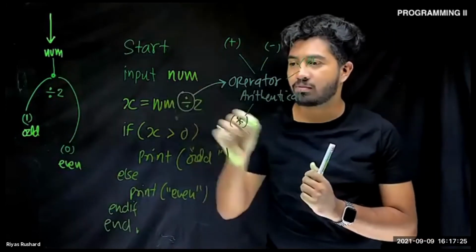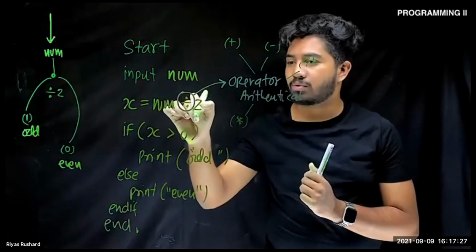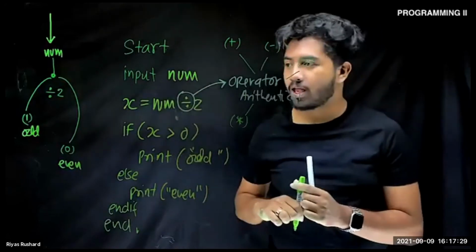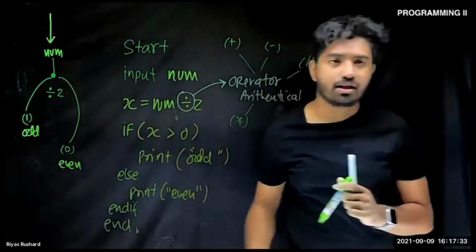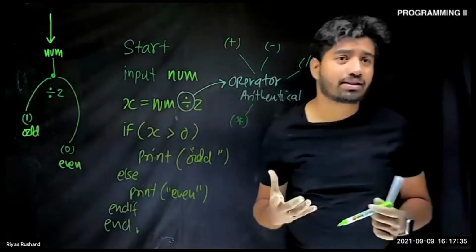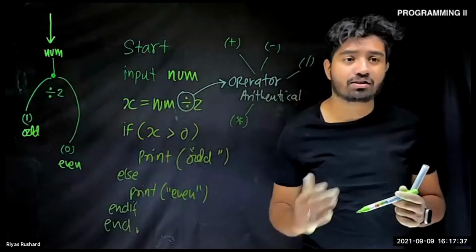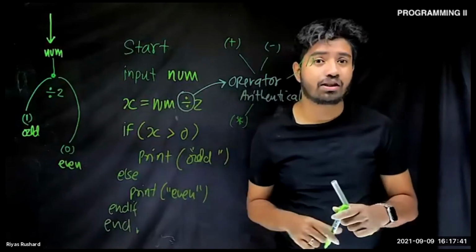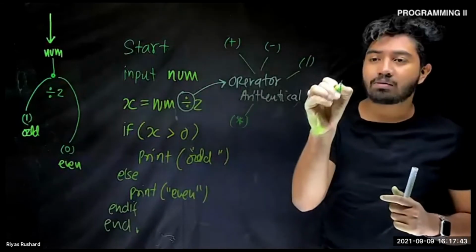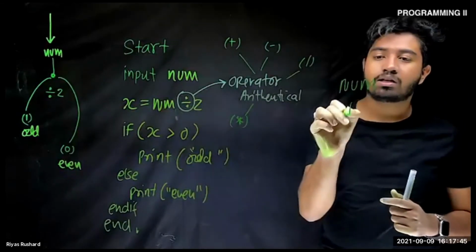So we use num divide by 2, x, if x is greater than 0. Now we come to test whether the program is correct or not. Similar to last time, we put in sample data and see whether it is correct. This time I'm going to say number 10.